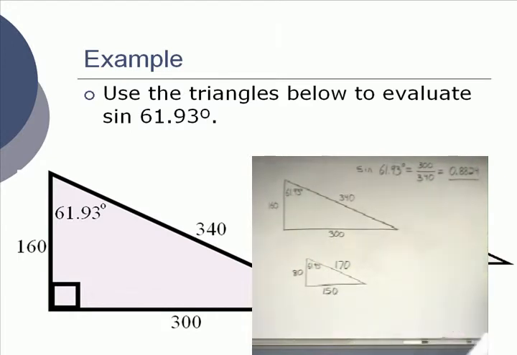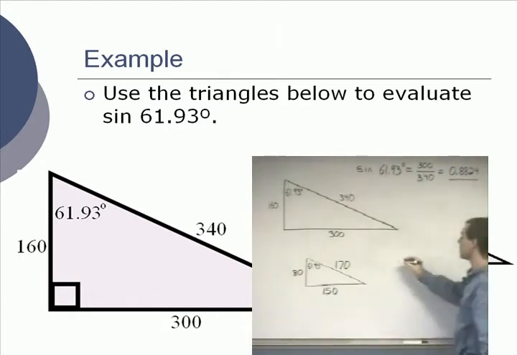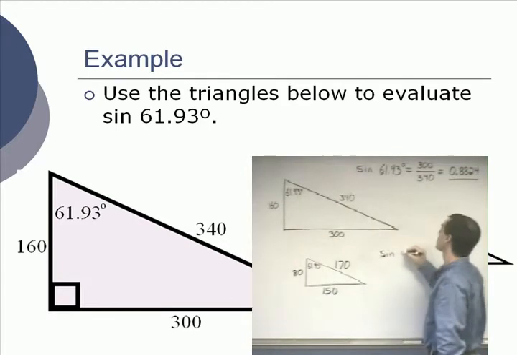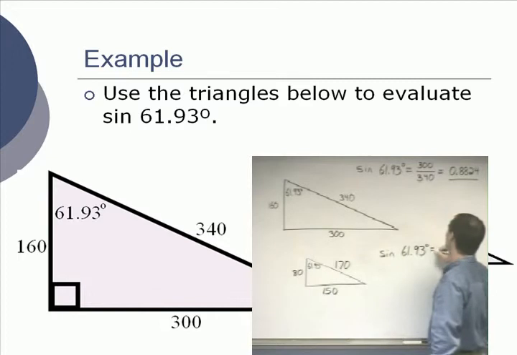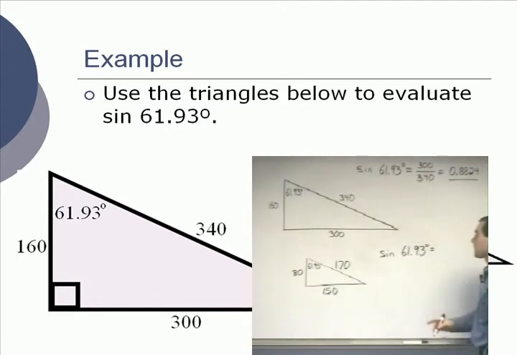Now let's do the same thing for the smaller triangle. Down here, the sine of 61.93 degrees is equal to opposite, which is 150, divided by 170. Divide that out and you get 0.8824.